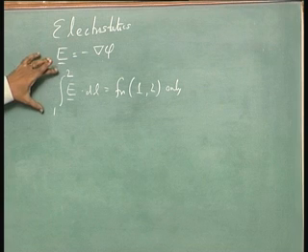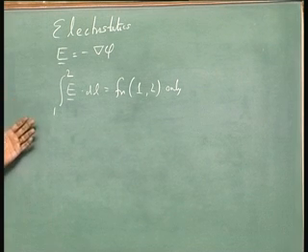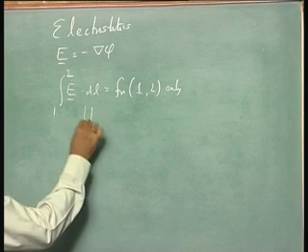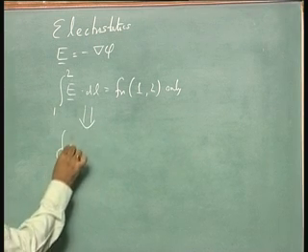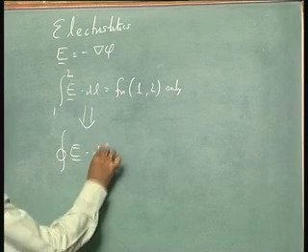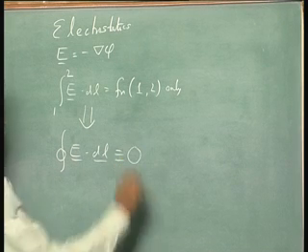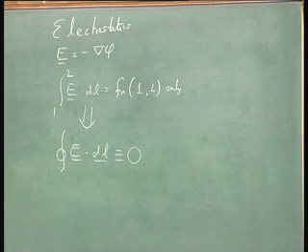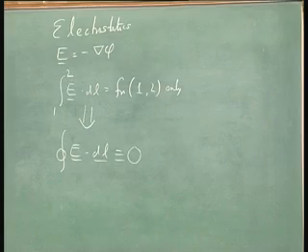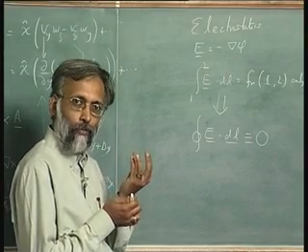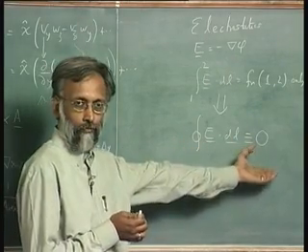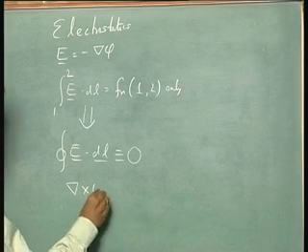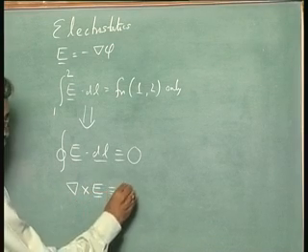So, if you took 1 to 2 and you took 2 to 1 and combined them together, you could prove that the loop integral of E dot dl was always 0. No matter what loop you took, E dot dl is always 0, which means if you took a very tiny loop, E dot dl is also 0, or curl of E is identically 0.